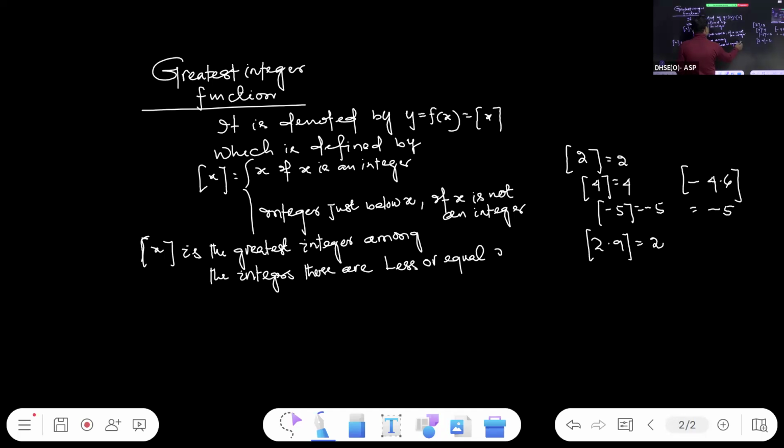This function is also known as jump function, staircase function, post office function, lefty function.